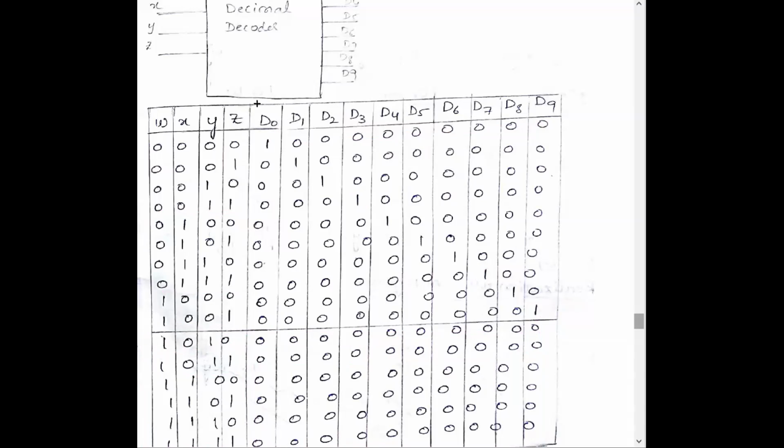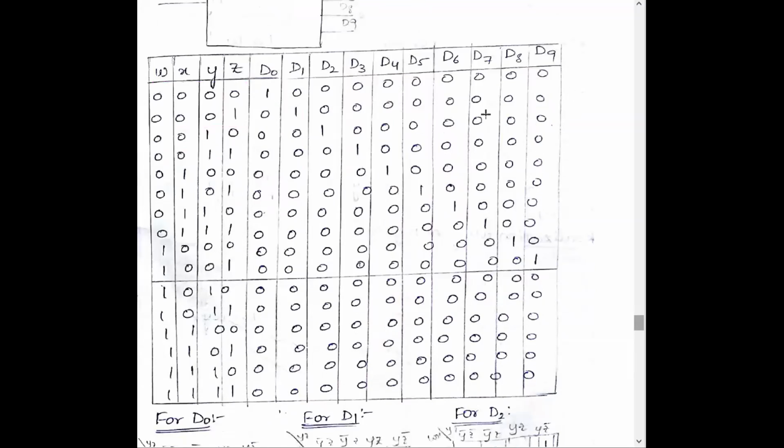D0 equals 1 for only this combination. Similarly, D1 is 1 for this combination, and D5 is 1 when the input combination is 0101. Like this, we are going to write the output equations for all the possibilities. That is, first I have to write the equation for D0.